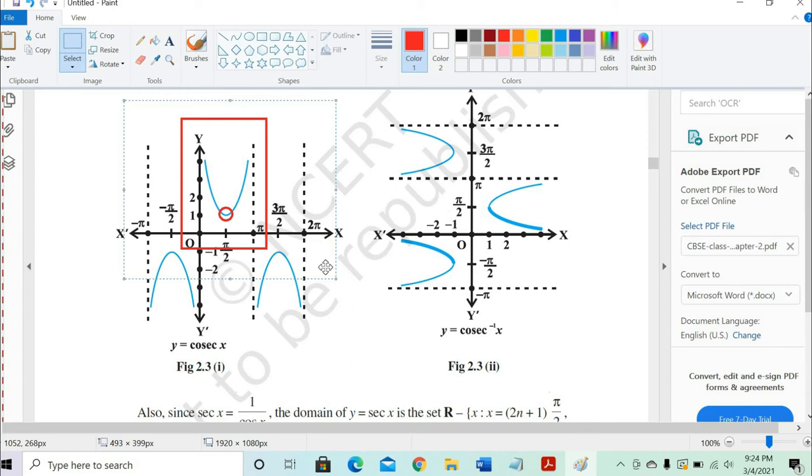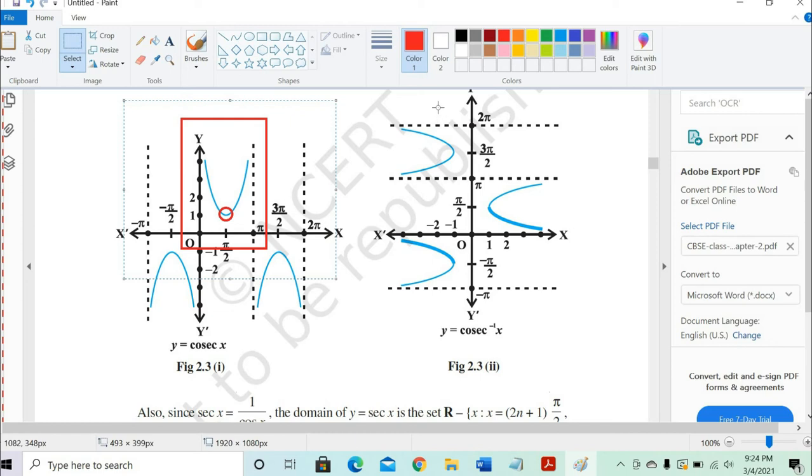Clear? Any questions, any doubts? Yes, sir. Clear. So similarly, what happens in the inverse function, y is equal to cosec inverse x? When you say y is equal to cosec inverse x, what was the domain earlier? In the normal function y is cosec x, the domain was the angles in radians. So those angles in radians will come to the y-axis.